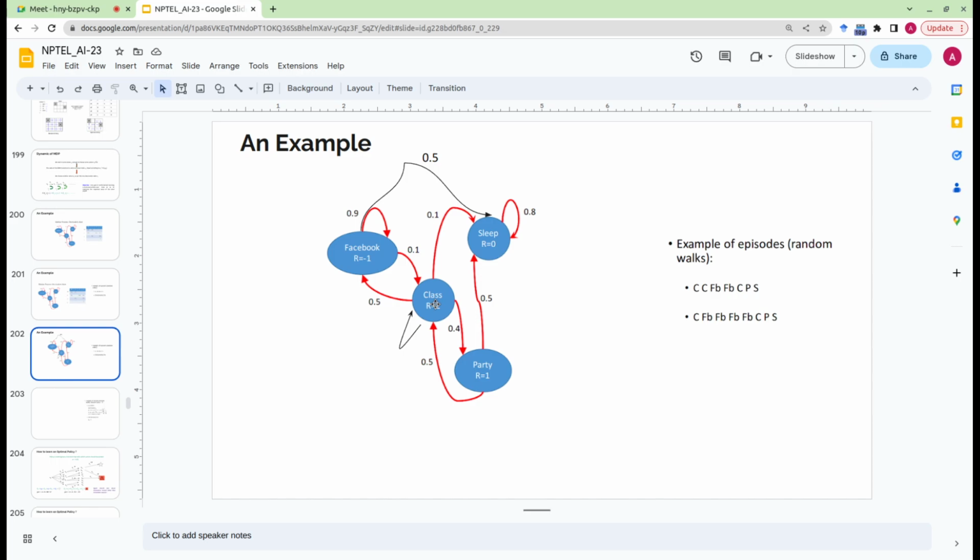Okay, class to class reward is 2, then it is giving, with what probability? Because from class to sleep 0.1, class to party 0.4, total becomes 0.5. From class to Facebook 0.5, sums up to 1, then how is class to class possible?